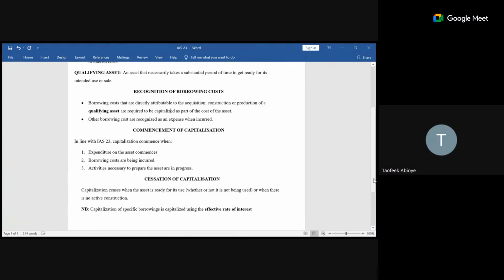It is those 4 things, because IAS 23 is a short standard. In fact, you just need it at final level as a result of PPE and investment property. It's not something you will spend so much time on. It's a small standard. So we are fine with that, right?